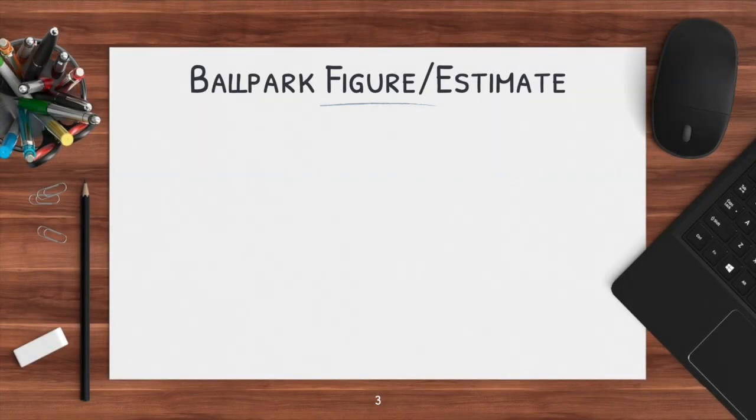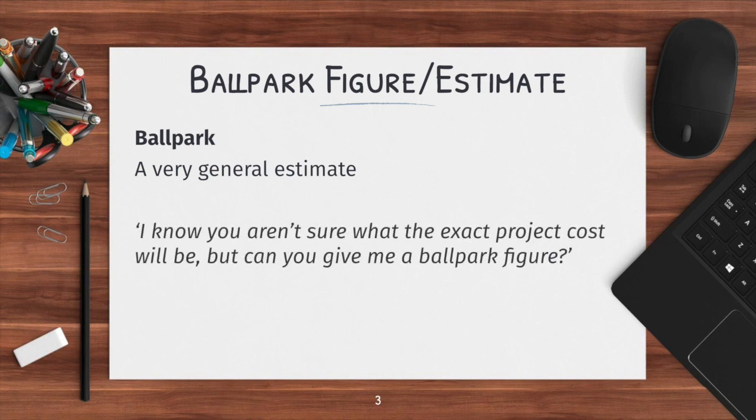Next, a ballpark figure or ballpark estimate. This just means a very general, inexact estimate. You really are not sure what the exact number is, so you're just taking a very broad guess. I know you aren't sure what the exact project cost will be, but can you give me a ballpark figure?